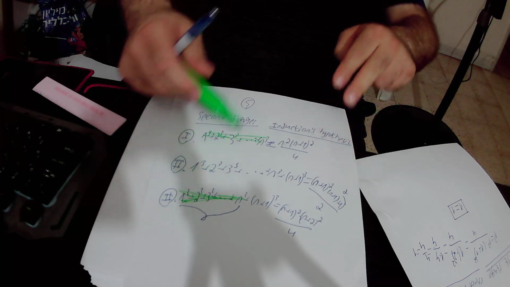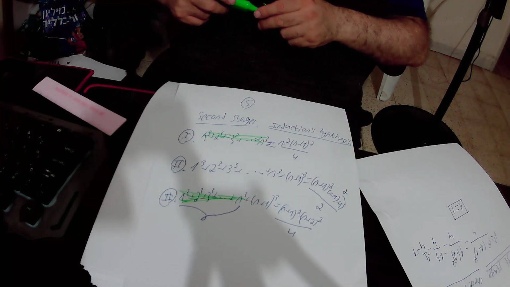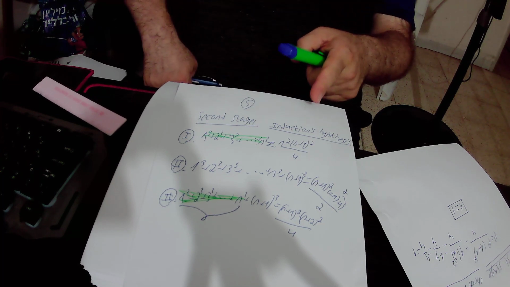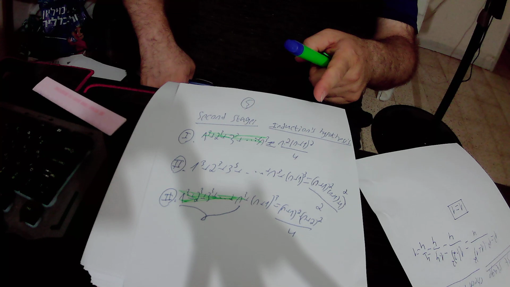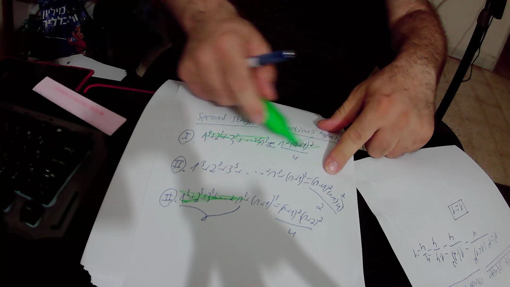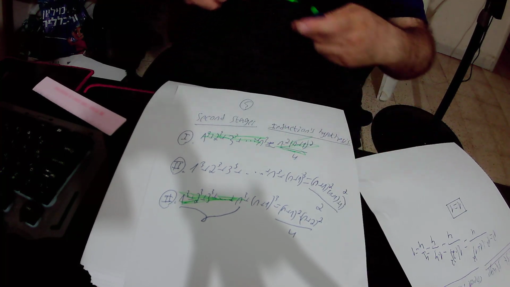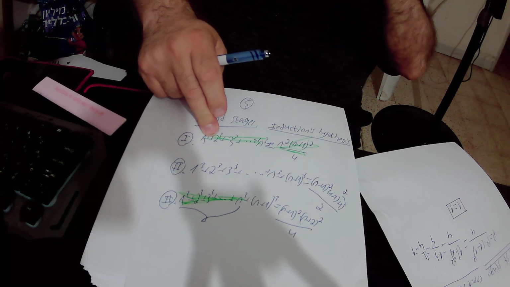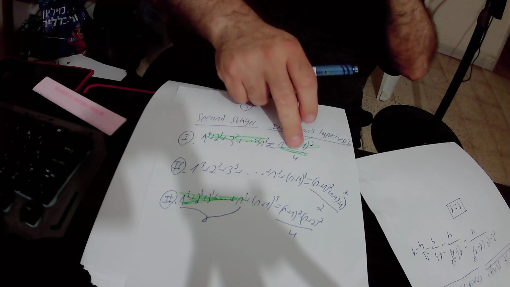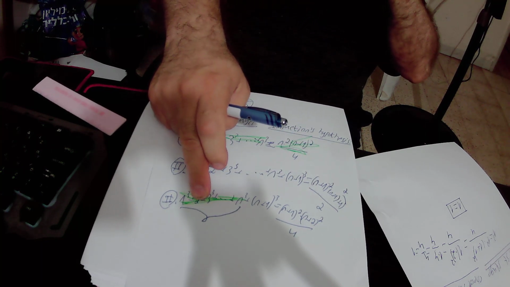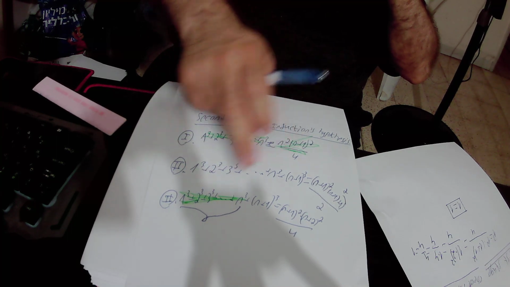The expressions in the green color are identical, but this expression equals to n squared times n plus 1 square divided by 4. Because this expression is identical to this expression and this expression equals to this expression, we can say that this expression is also equals to this expression.